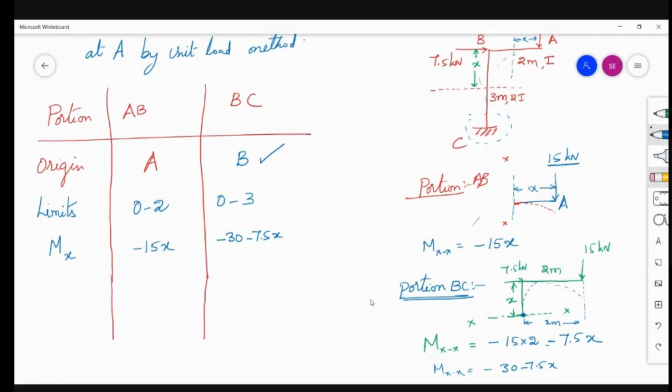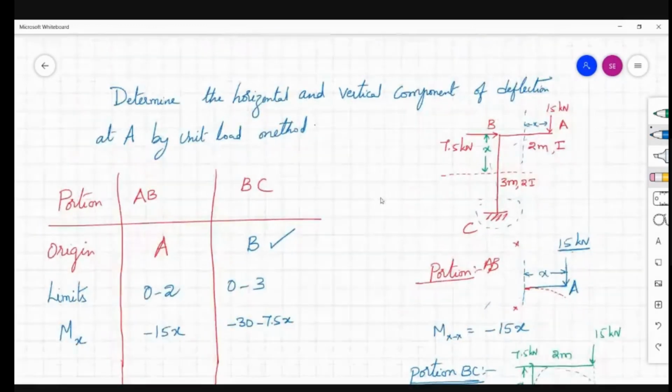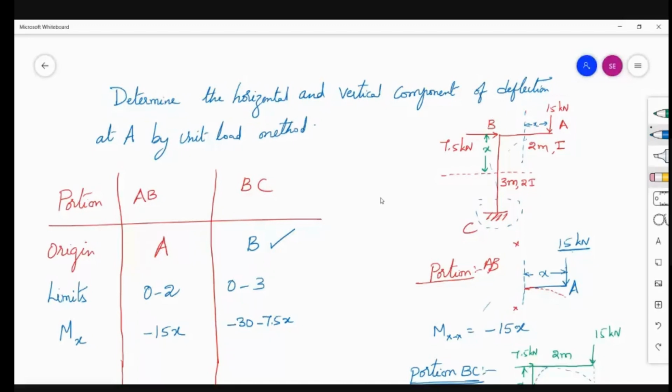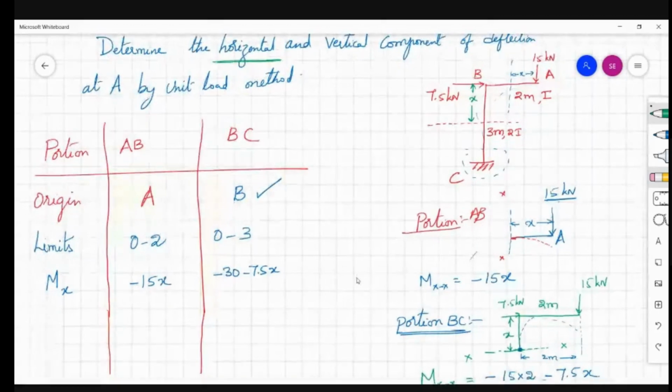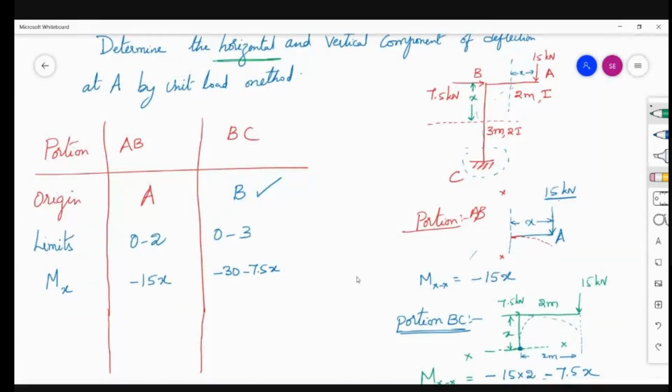Now, you have written the moment at section XX due to the external load system. What are they asking in the question? They are asking for the horizontal component first, and the next one is the vertical component.